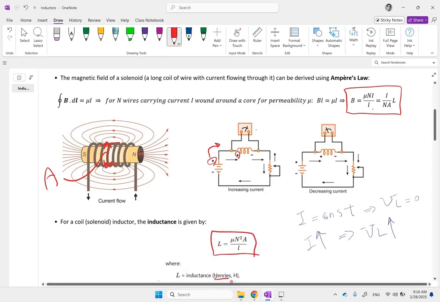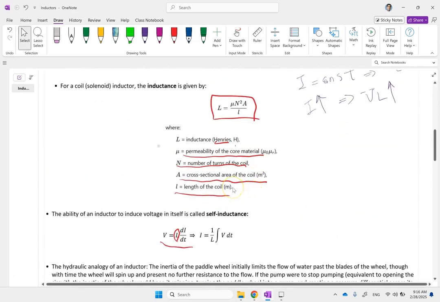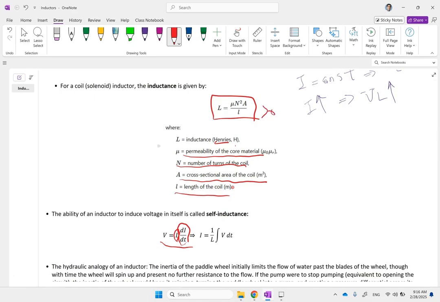Okay, good. So V is proportional to the rate of change of current, as you can see. So when current is increasing, this L is always a positive number. When I is increasing, di over dt is positive. So L di over dt is positive, so VL is positive.